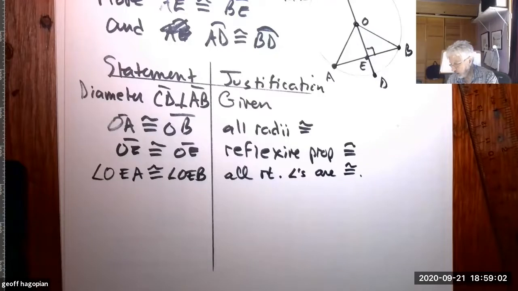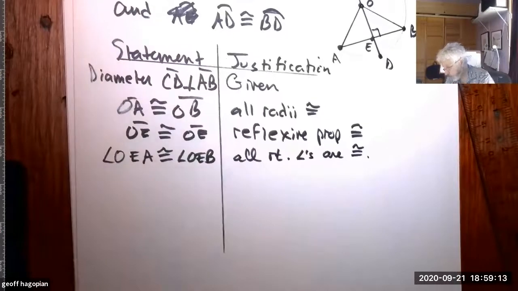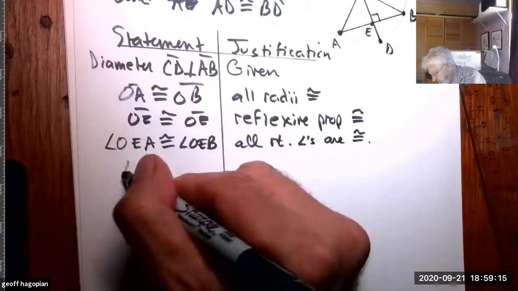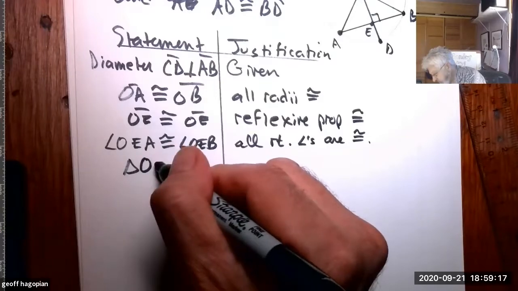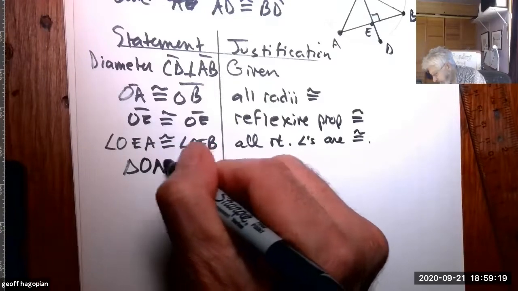So now I've got angle side side. Oh, that's the ambiguous one. But I have hypotenuse leg, right, for a right triangle, right? So that allows me to conclude that triangle OAE is congruent to triangle OBE, and that had to be the plan, right?